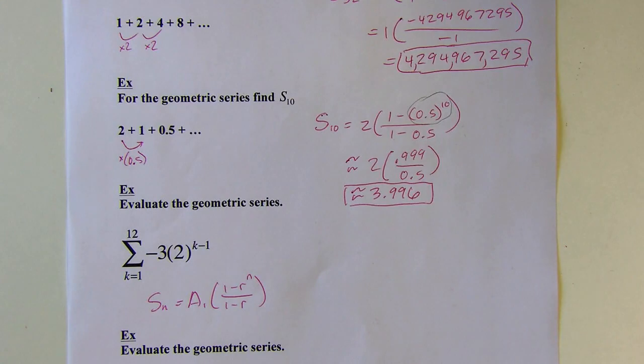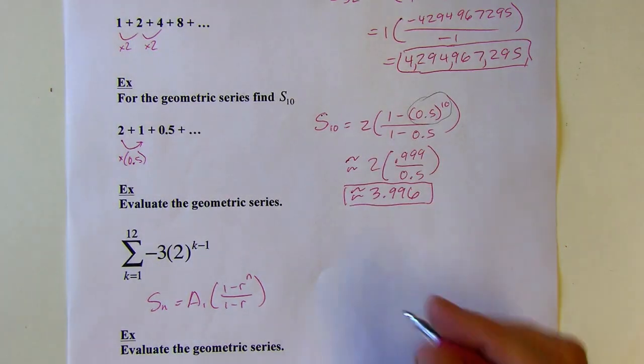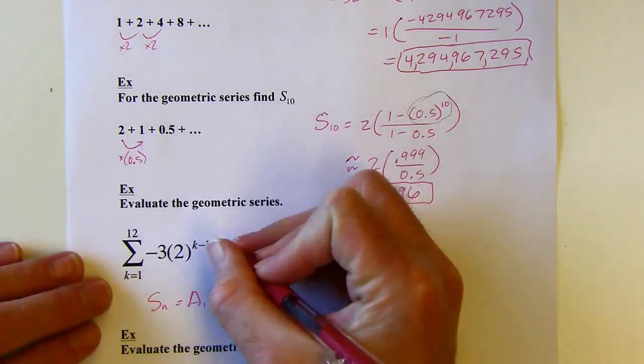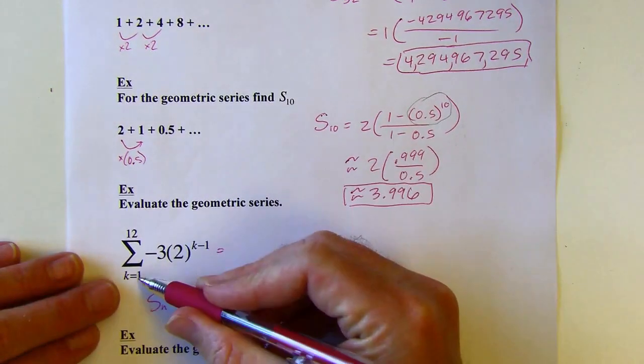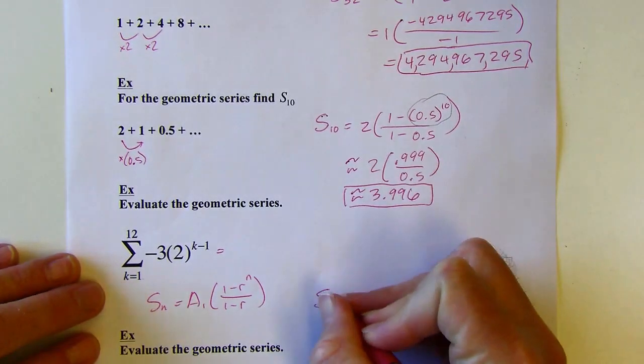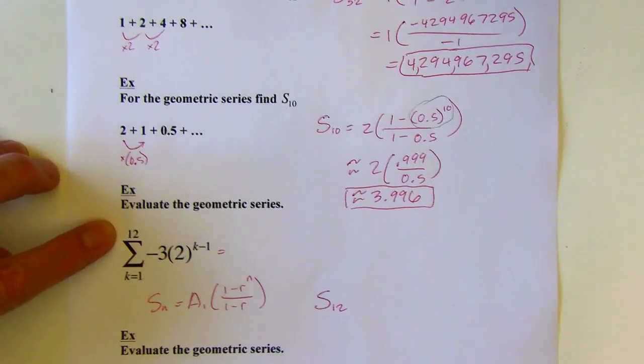Okay. And sorry, I was flipping to the right page in my notes there. All right, so I need the first term. Okay, so let's build the first term. I'm going to get the first term by plugging in 1. So, hey, this is going to be the sum of the first 12 terms, right?